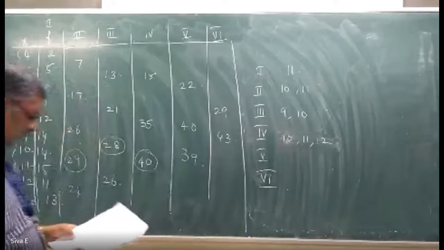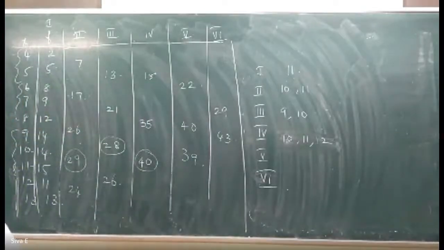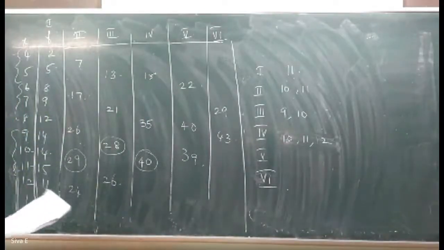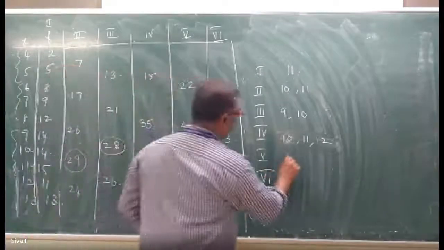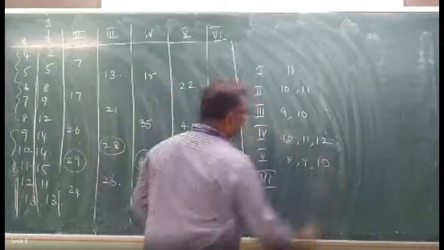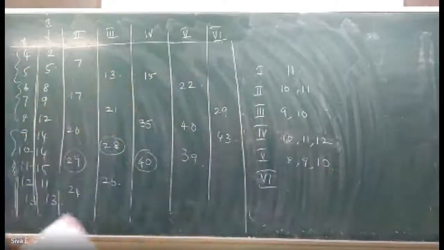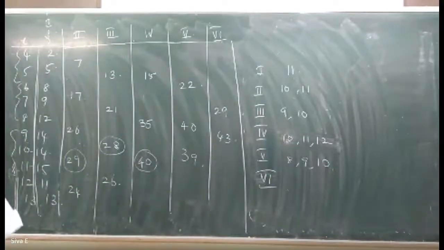Fifth one is 8, 9, 10. The respective items are 8, 9, 10. The last one, sixth one, is 9, 10, 11.